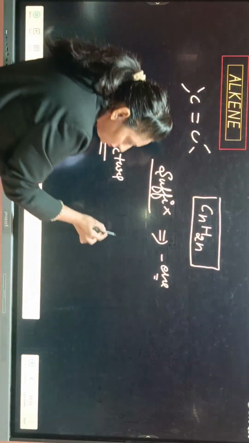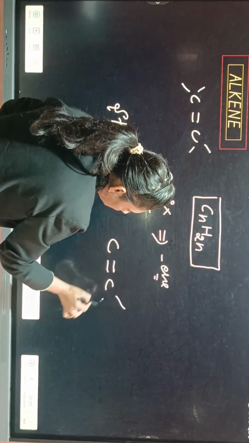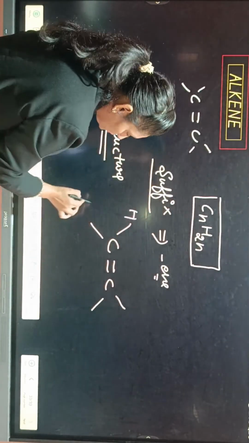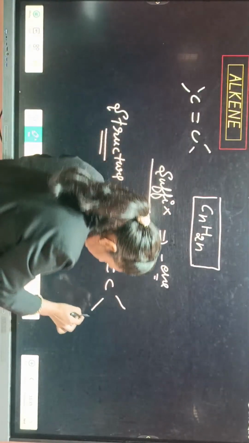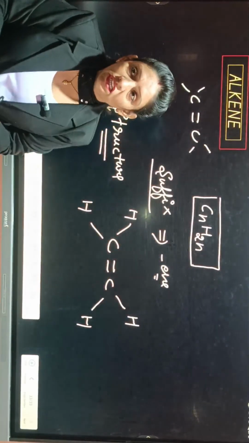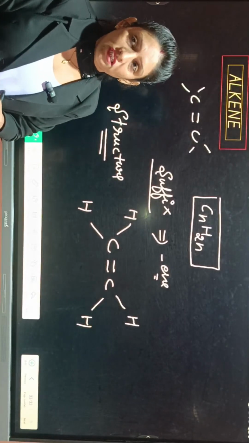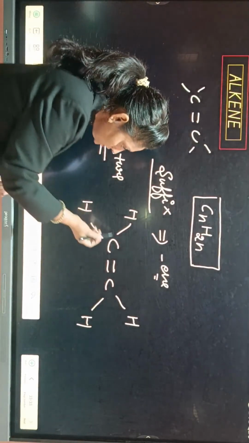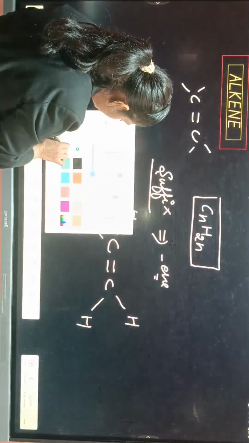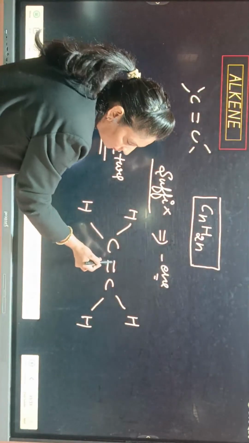We have a carbon to carbon double bond here. Let us consider the smallest alkene, that is ethene. If I talk about the structure, for this one carbon, how many bonded atoms are there?